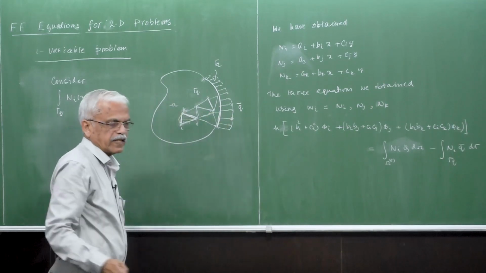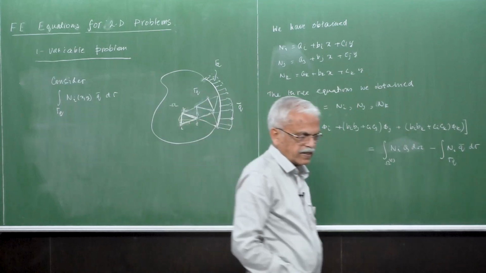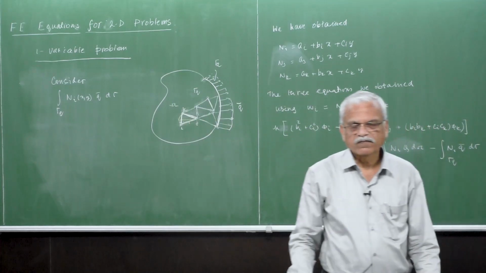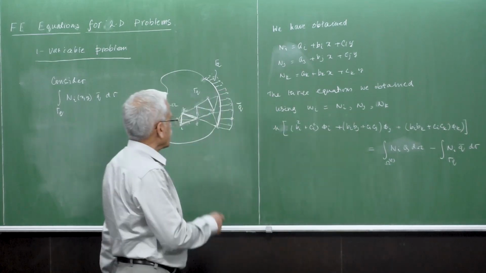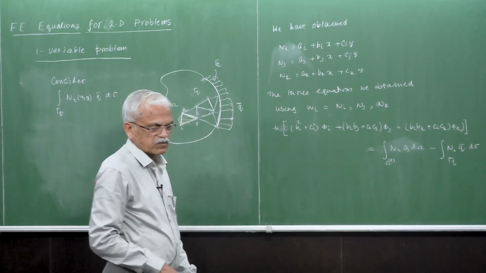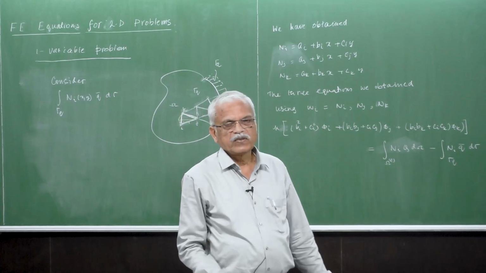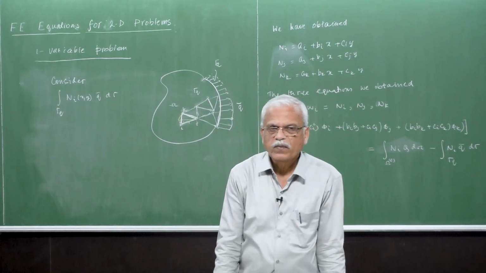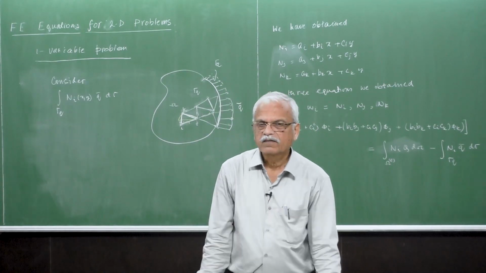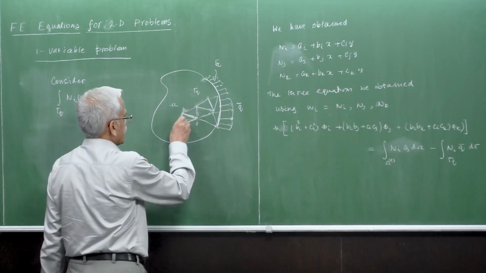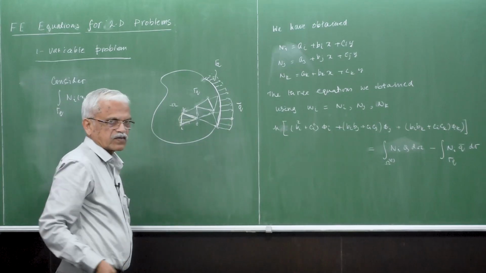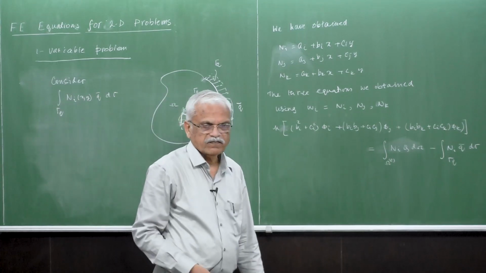What about beyond that? As far as this Ni for the element is concerned, it is only defined over this element. That's why we call it a piecewise defined function, where the function is non-zero only over this element. That's what we discussed in the last class in one dimension.